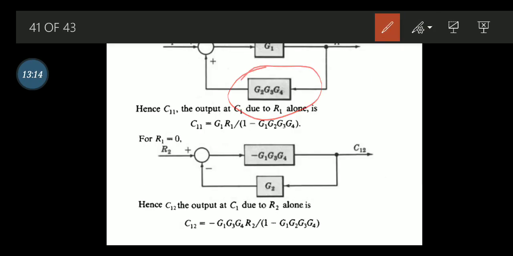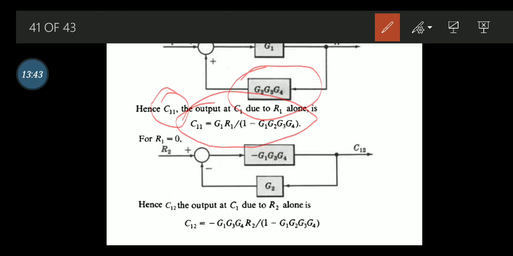Then for this particular case we need to write the output response. This output response can be represented as C suffix 1 1. So the output at C1 due to R1 alone can be represented as C11 is equal to G1 R1 divided by 1 minus G1 G2 G3 G4.